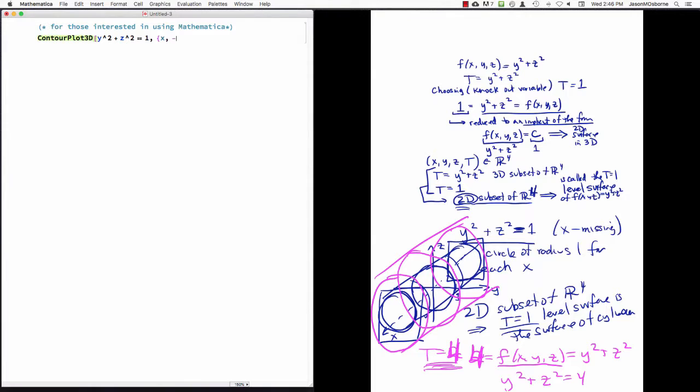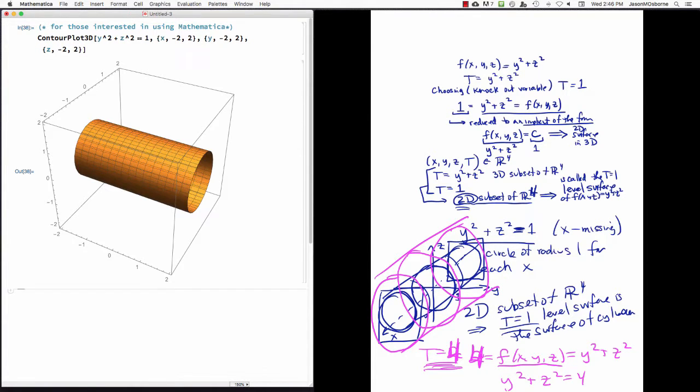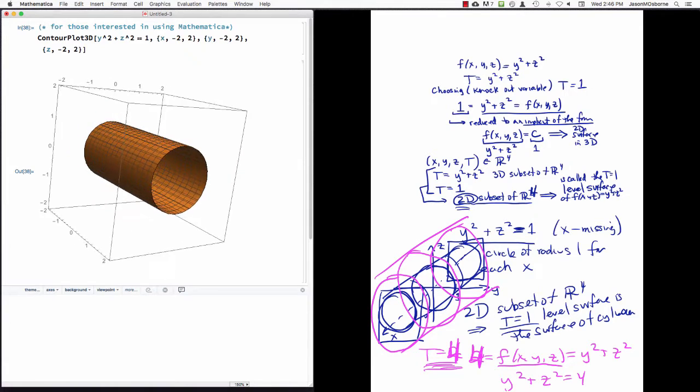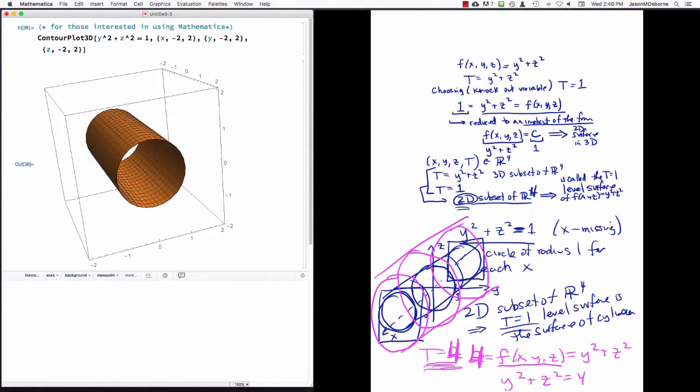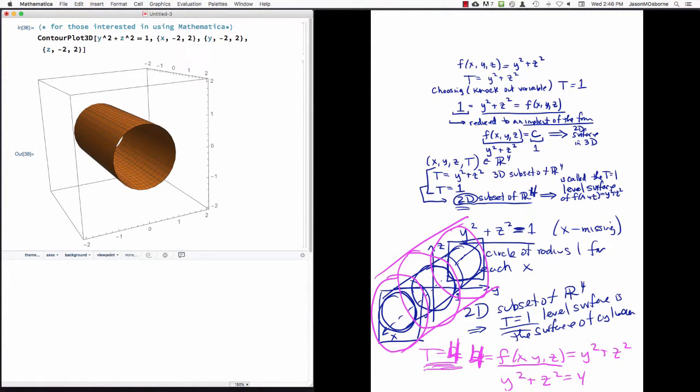So plot x from -2 to 2, plot y from -2 to 2, and let's plot z from -2 to 2. So we fixed a temperature T, so that knocked us down to three-dimensional space, and now we're having a formula in that three-dimensional space that should plot us a subset of that three-dimensional space. So there is your t equals 1 level surface.